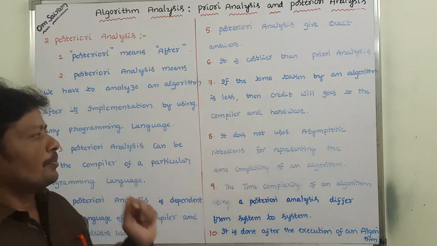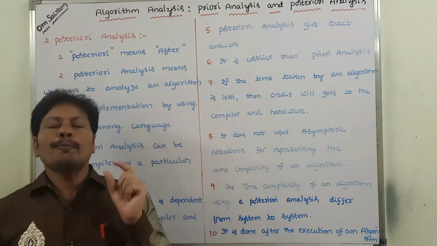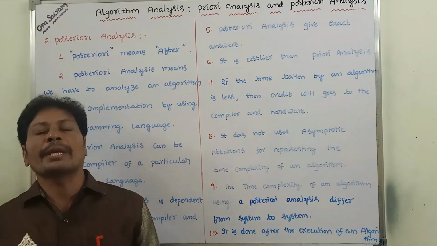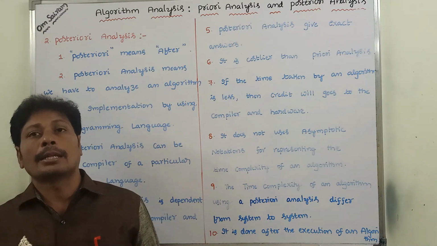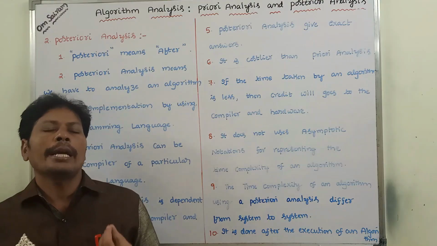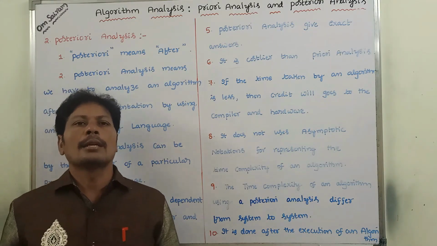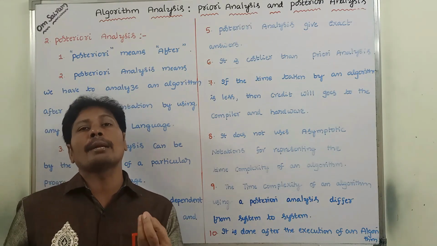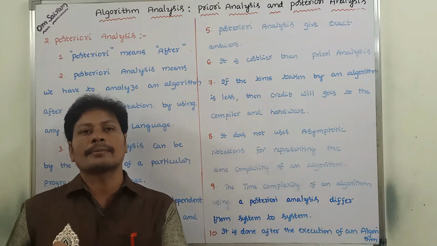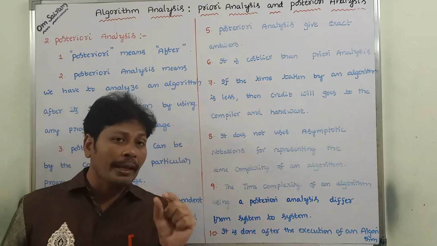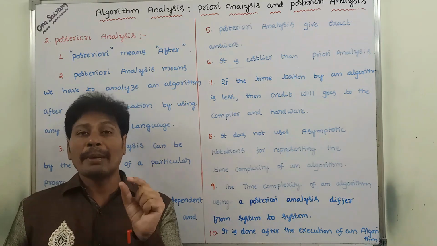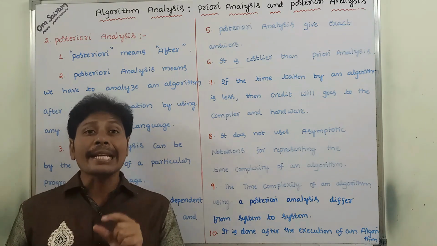Next point, in posteriori analysis, we do not use asymptotic notations for representing the time complexity, because the amount of time taken by the algorithm is given by the compiler, whereas in priori analysis, the time taken can be calculated by the designer only.